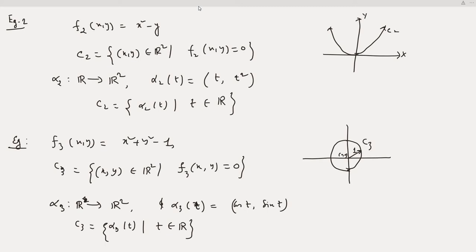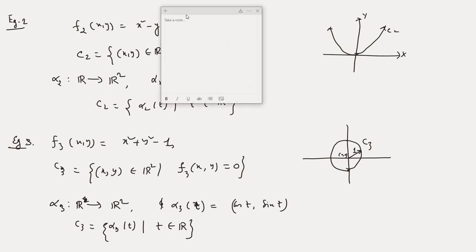This is example 3. Basically we extract geometric properties of curves using differential calculus. So we use a definition of curves that is easy for computations.